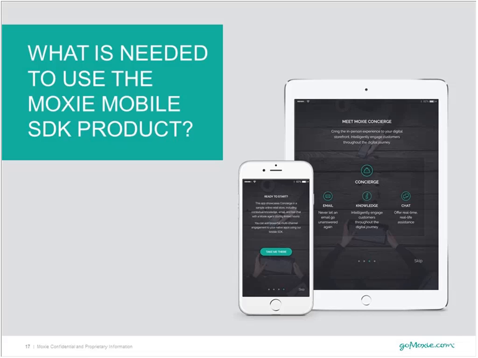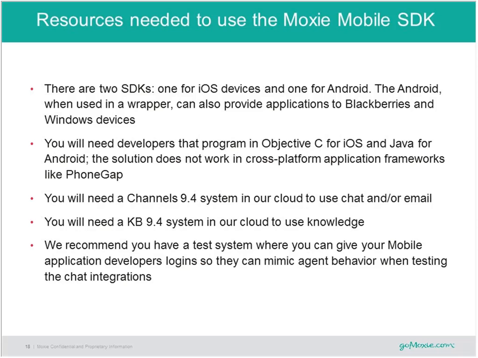So the next question that we often get asked is, what is needed to use the mobile SDK product? There are two SDKs. One is for iOS devices and one is for Android. The Android one can actually be used in a wrapper, and it can provide applications to BlackBerries and Windows devices too.